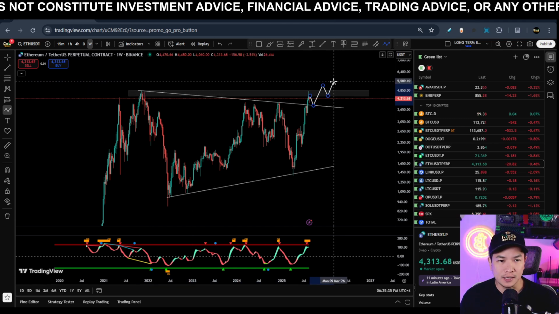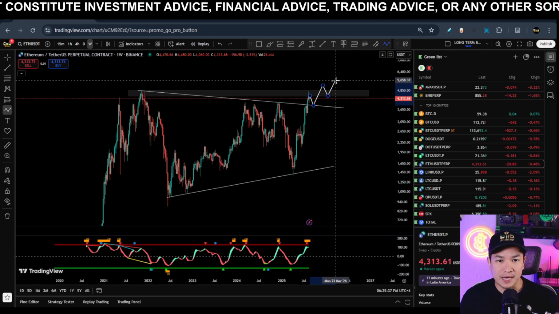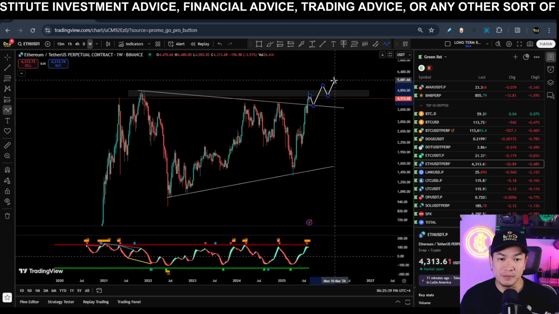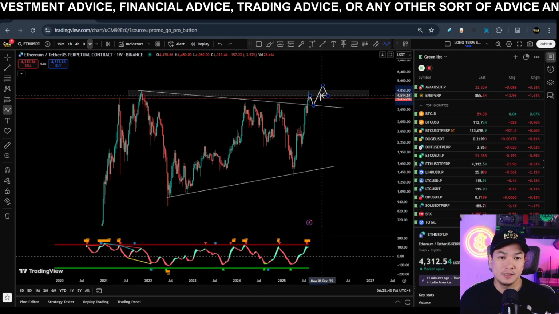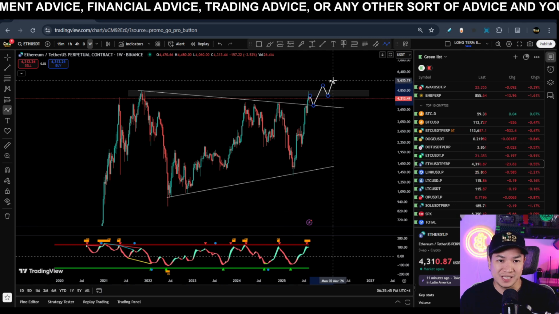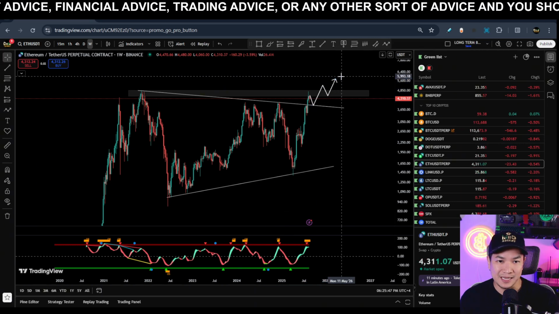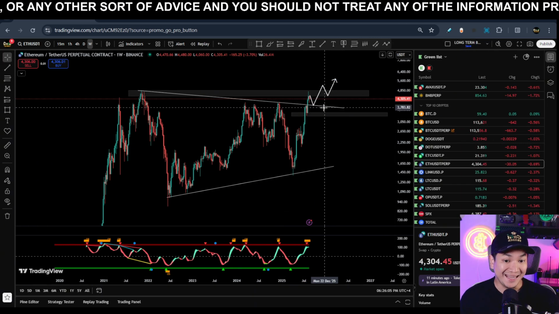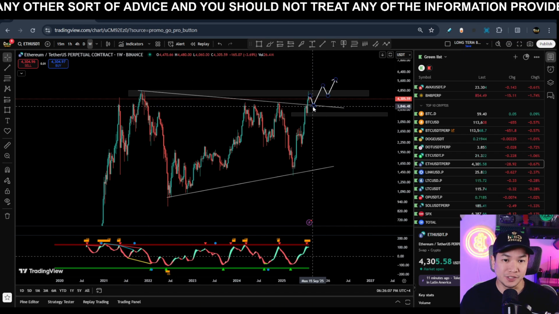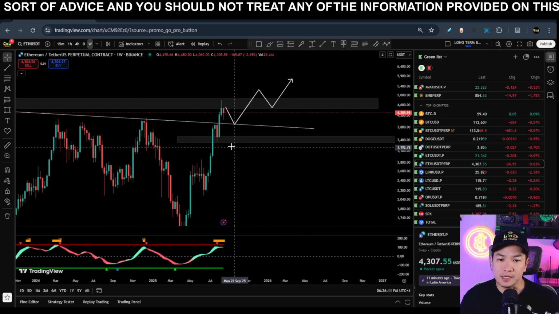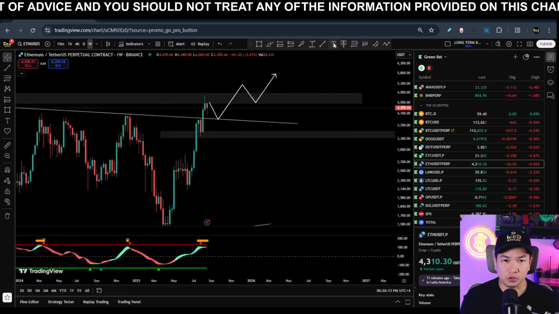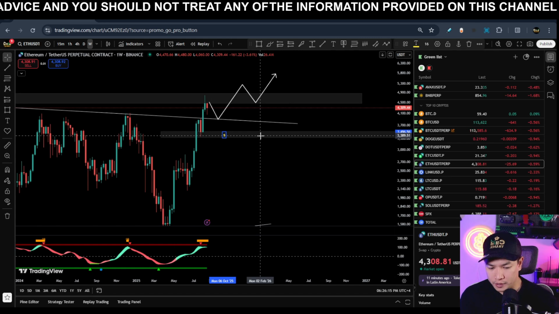Next target, in my opinion, will be the $5,000. That will be my short-term target for Ethereum if the previous resistance holds as a support. But if the previous resistance doesn't hold as a support, then this is going to be the immediate short-term support for Ethereum, guys.